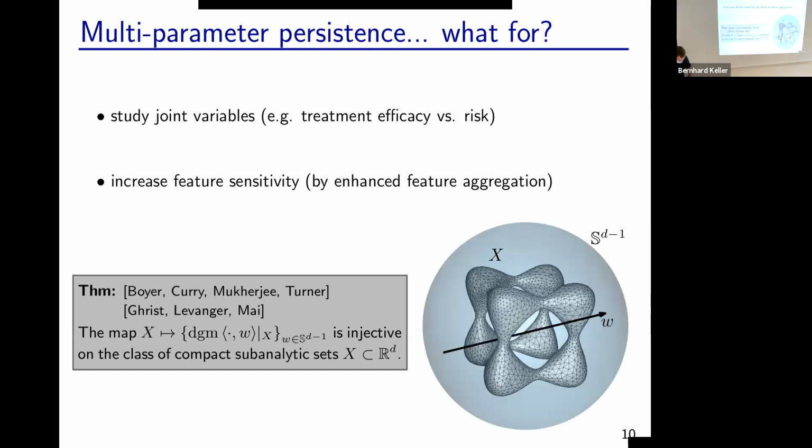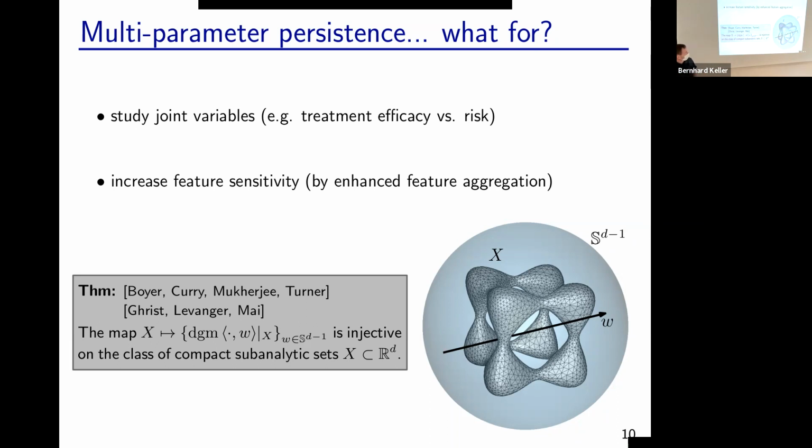All right, so now let me move on to multi-parameter persistence, where, as you would imagine, we're going to use a family of topological spaces that is indexed by more than one parameter. So why would we want to do that in the first place? There are two good reasons. First of all, in some problems, you may have not just one variable that you are interested in, but several variables. I like to give the example of a medical application when you want to study the effect of a treatment.